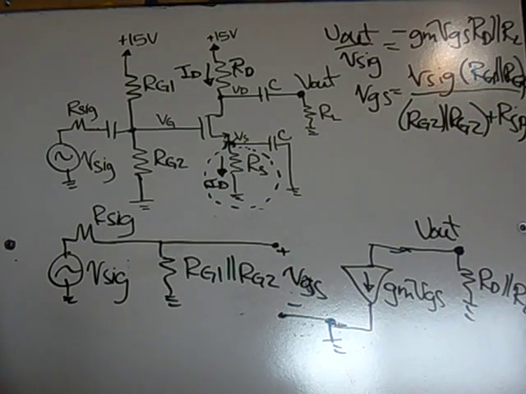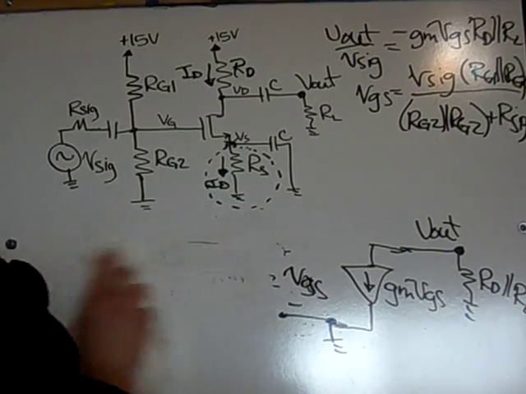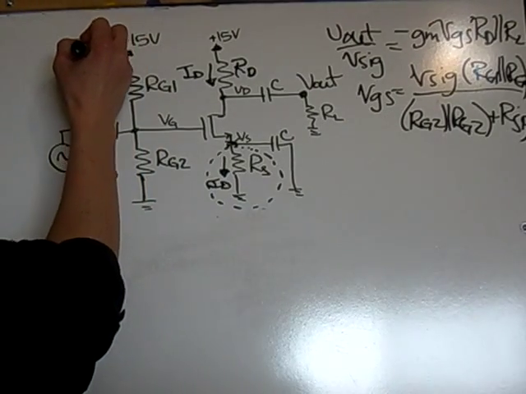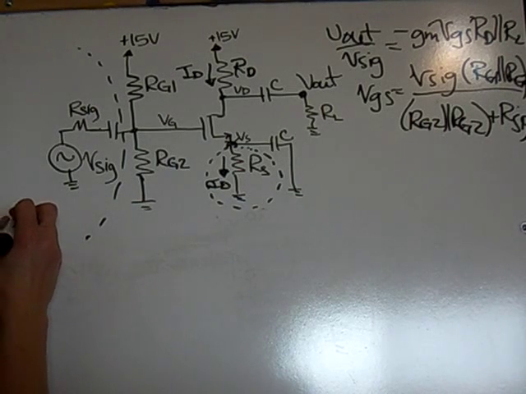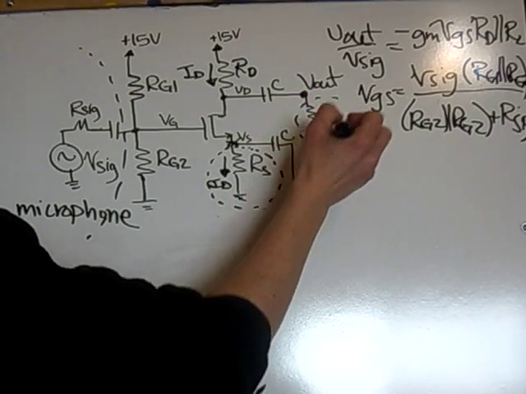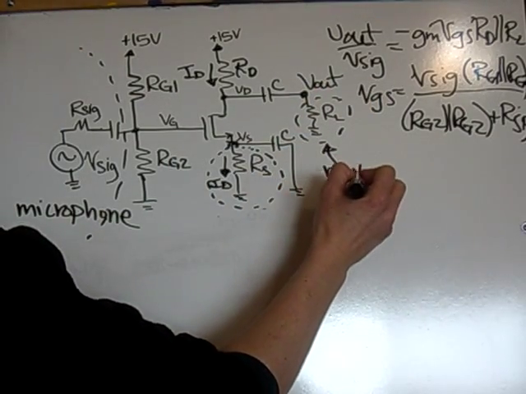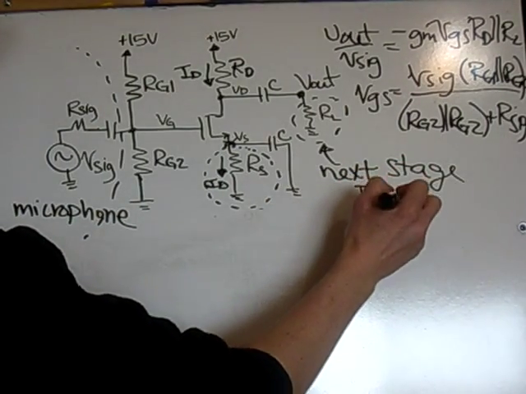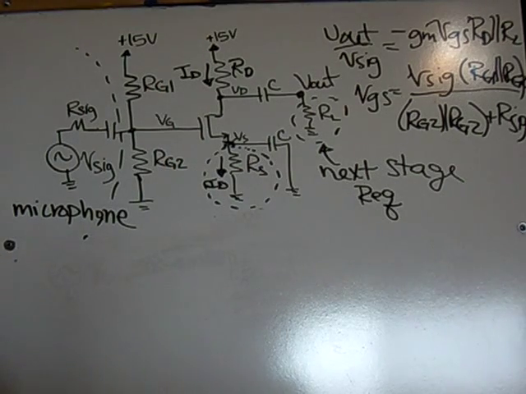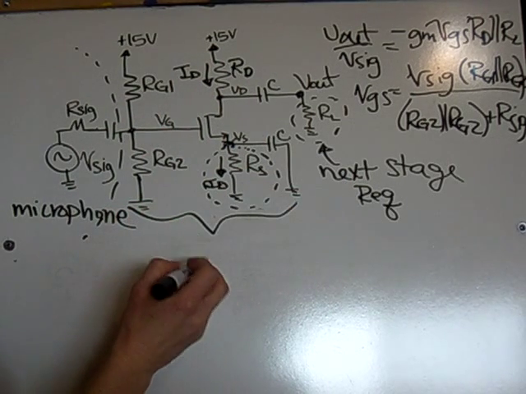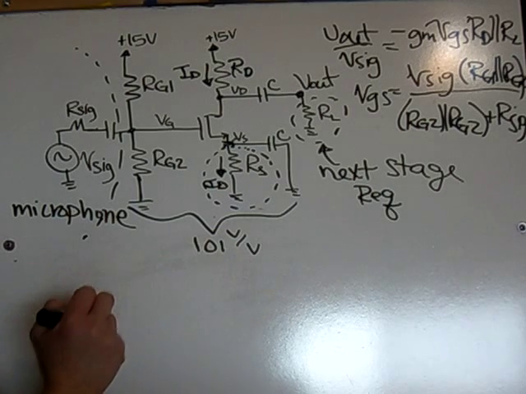For your circuit, where does the RL and the R sig come from? This is where your microphone comes in. And your load is going to be the next stage's equivalent resistance. If we were able to do this in one configuration, then we would need a gain for this amplifier of 101 volt per volt.